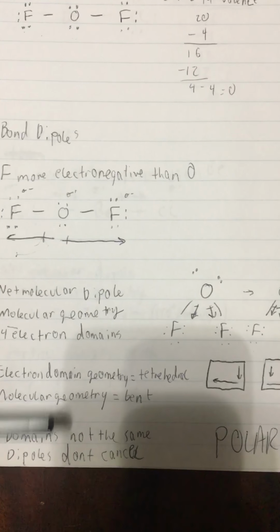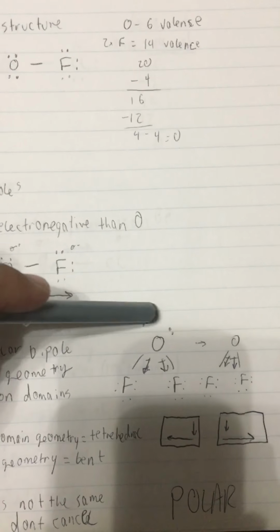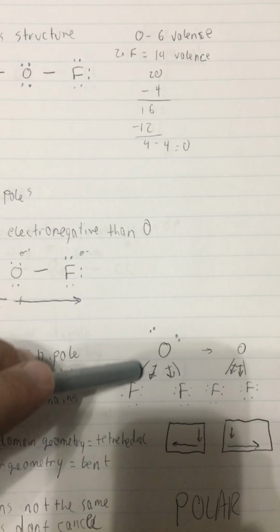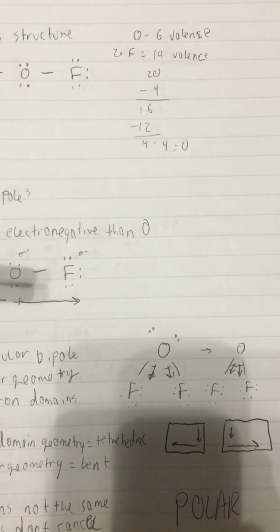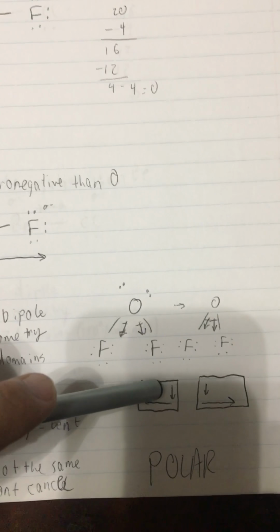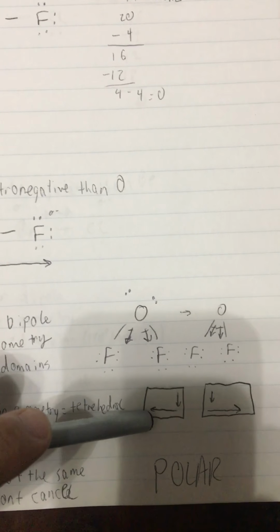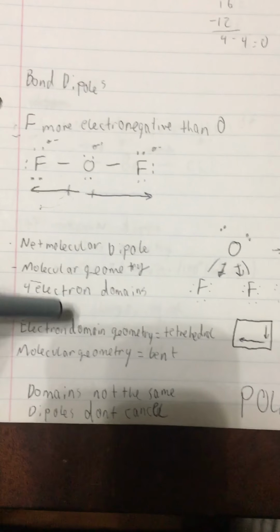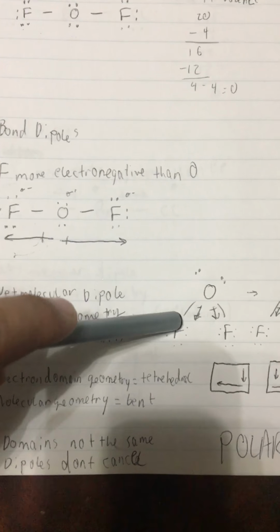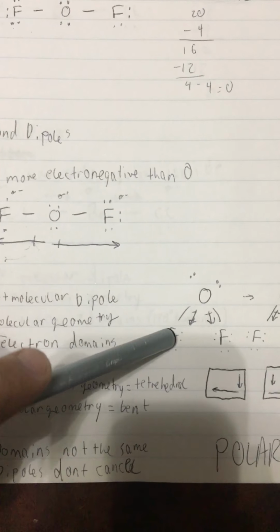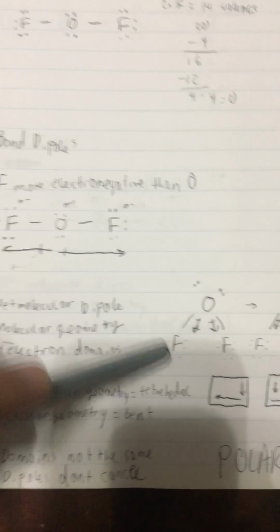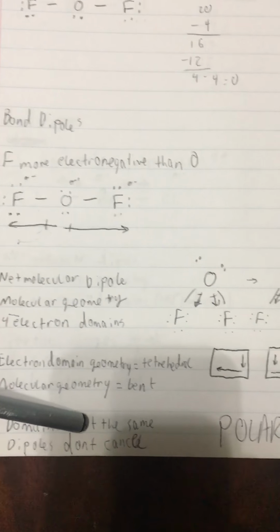We know that the dipoles don't cancel because the dipoles are pointing downward and outward; the 2 downward dipoles cancel, but the ones that point outwards do not. Since the domains are not the same, being the lone pairs and the bonds to the F, and the dipoles don't cancel, this molecule is polar.